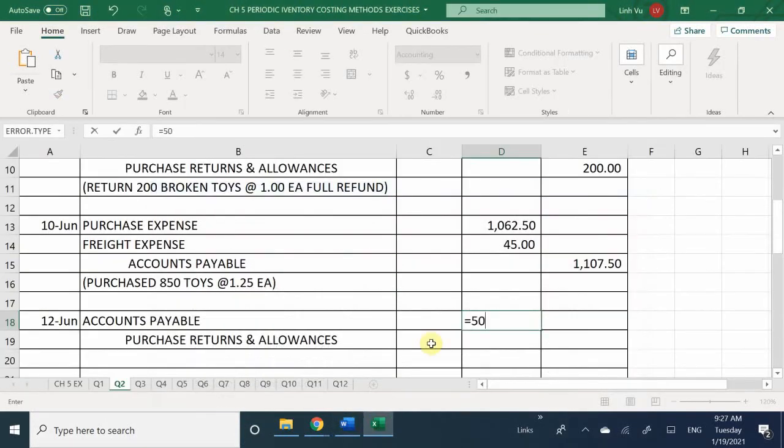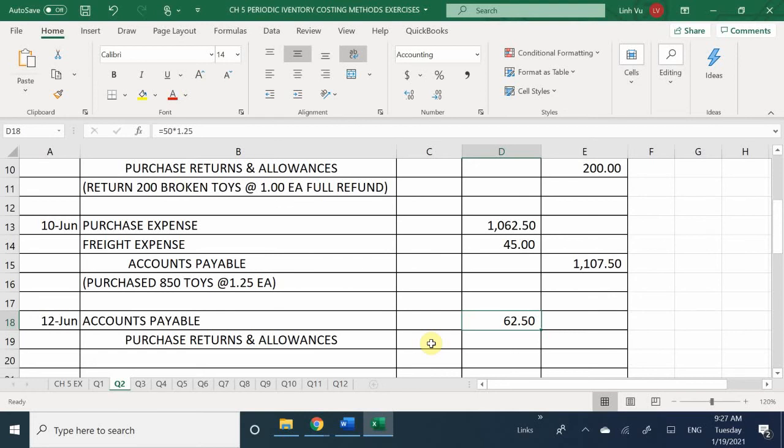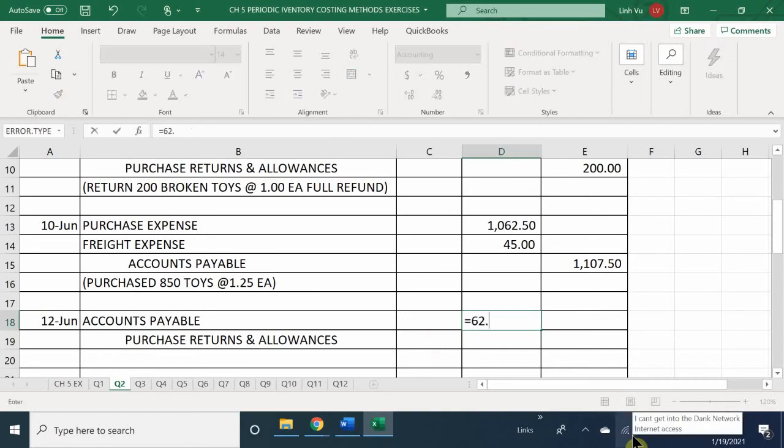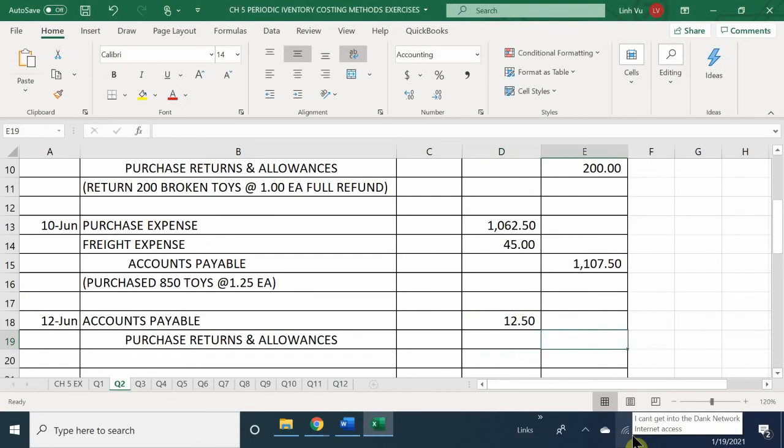So that's 50 times 1.25, right? 62.50. Now, out of that 62.50, how much money are you actually getting returned back? How much is it discounted for? 20%. So what is 20% of 62.50? 12.50. That's how much money you're actually getting back.